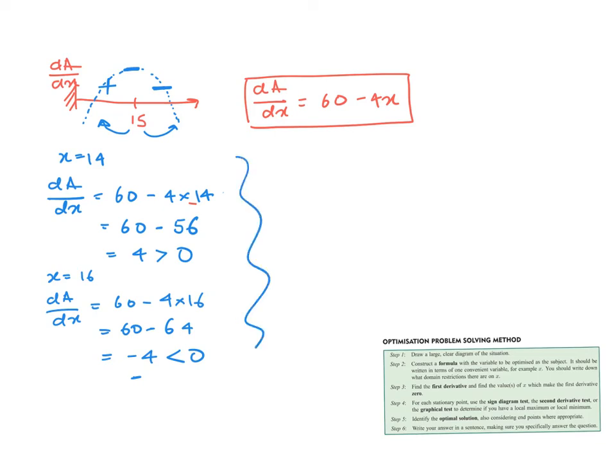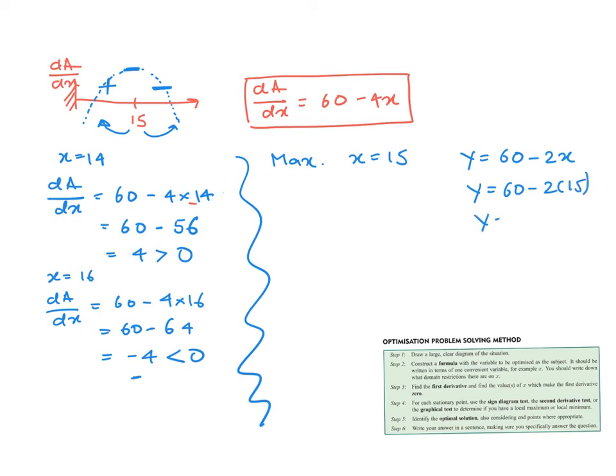Therefore, step 5 now is to identify the optimal solution. The optimal solution, to maximize, is when x is equal to 15, but we still need to find the value of y. If you remember, y is equal to 60 take away 2x, and we're going to replace the x with 15.